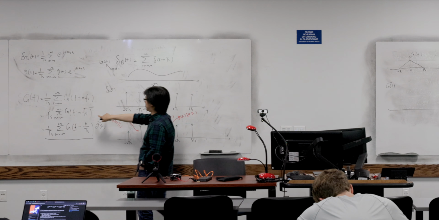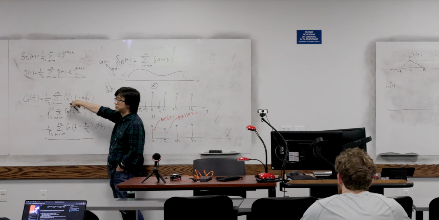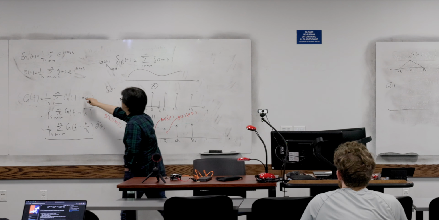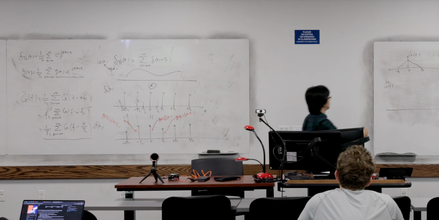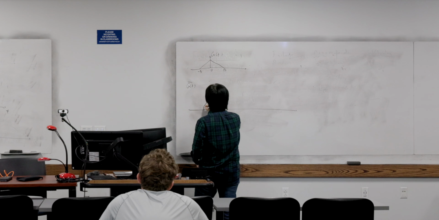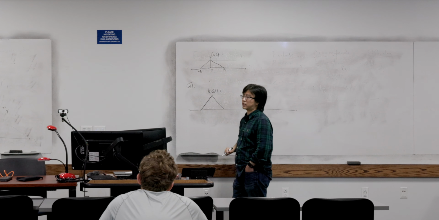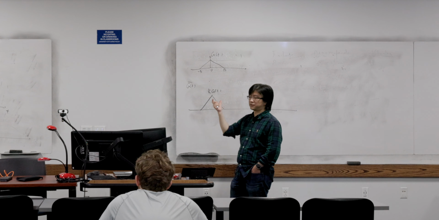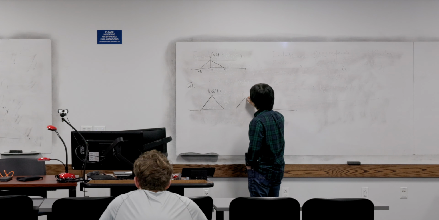We have a G(f) here, and when n is 0 we have 1 part here, that's 1 over Ts G(f). When n is 1, we shift this guy.